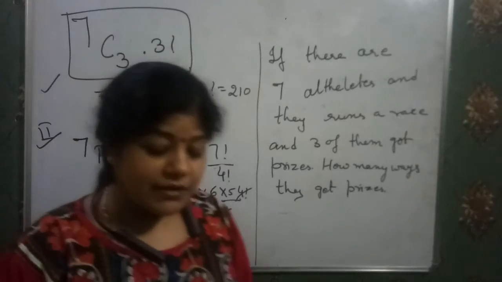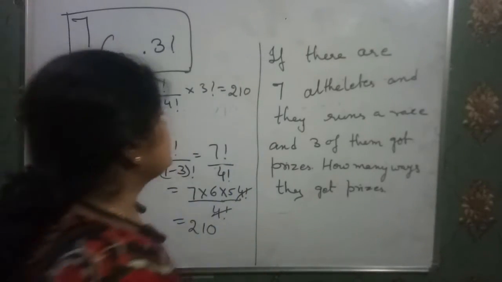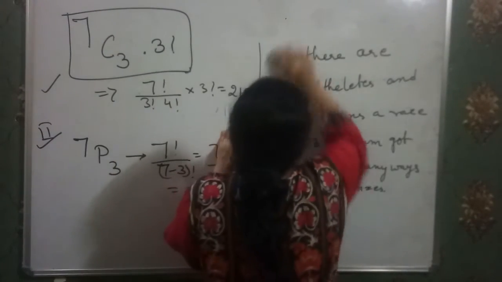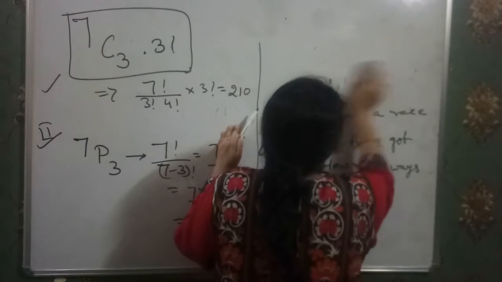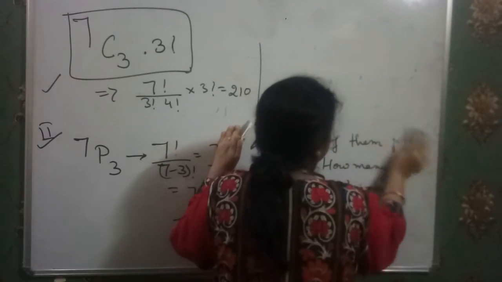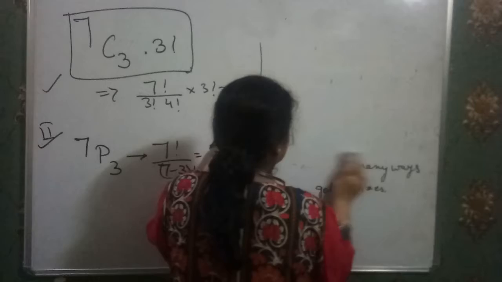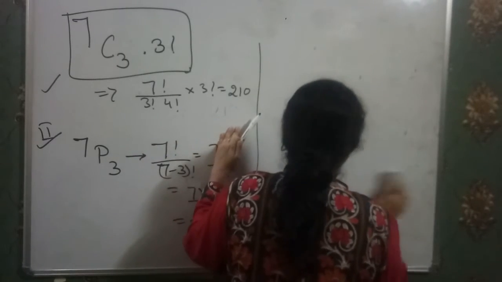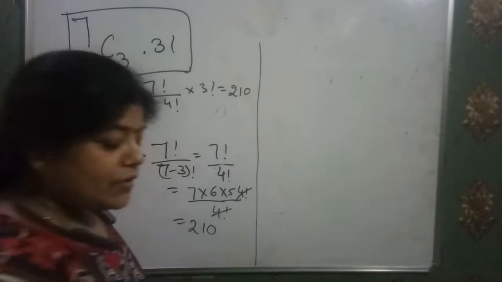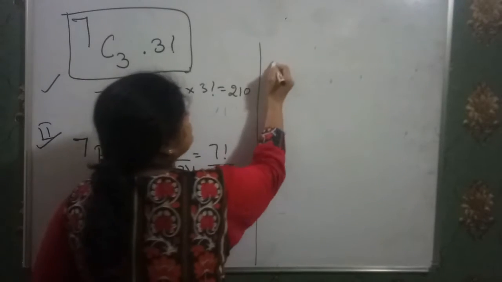Now I am taking another concept. For example, there are some students arranging in a queue; in how many ways can they arrange in the queue in a line? I have a question.